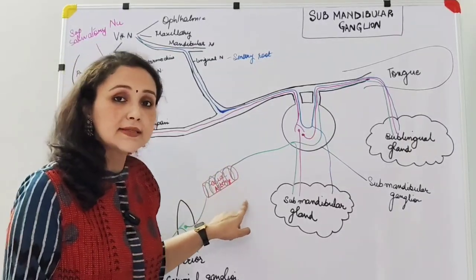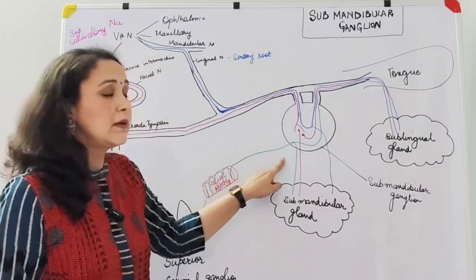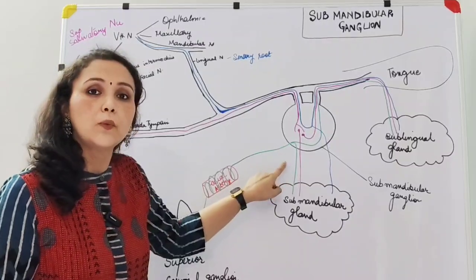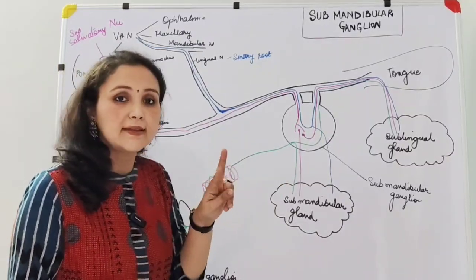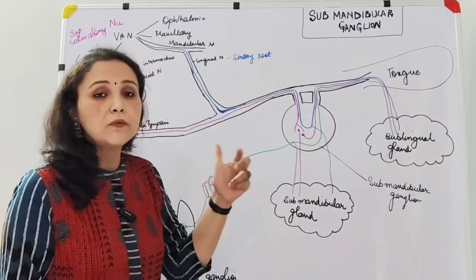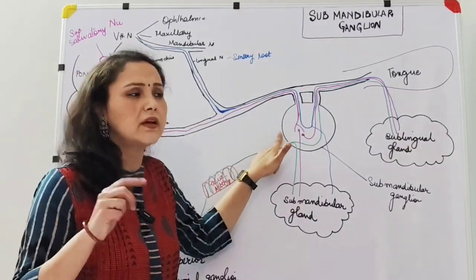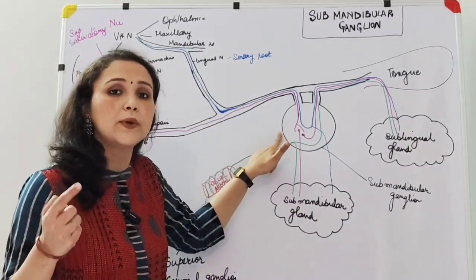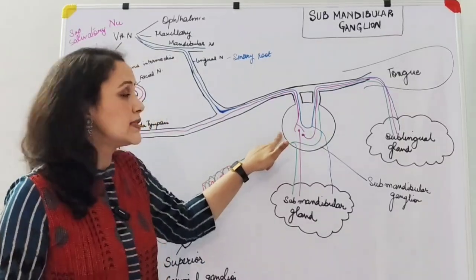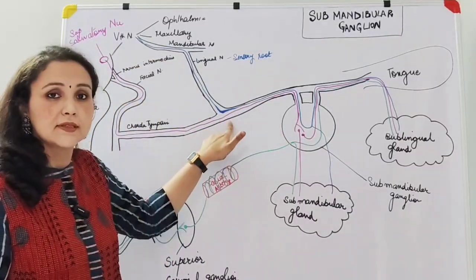So you can be asked another question that the submandibular ganglion is related to which artery. You have to understand these questions. One is nerve, one is artery. You can be asked that the submandibular ganglion is topographically or functionally related to which nerves. In that case, you have to write about these nerves.